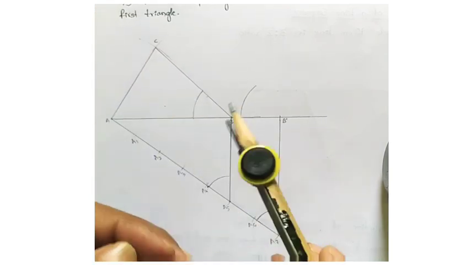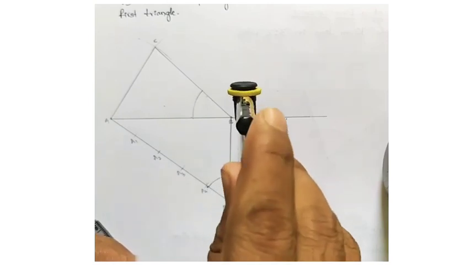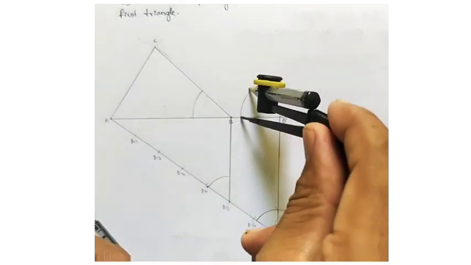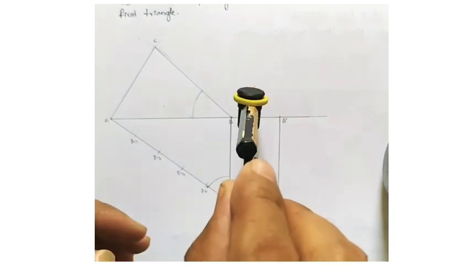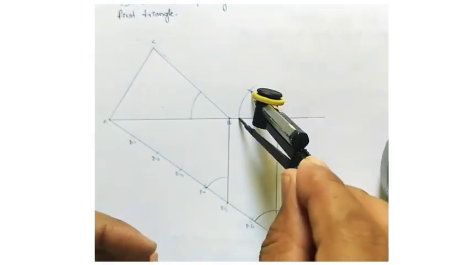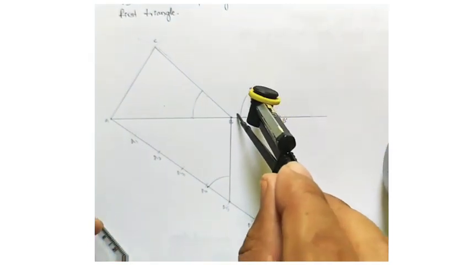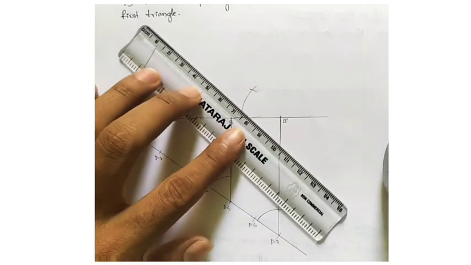Okay, now cut that second arc with the measurement. Okay, so like this you have to cut it. Here you will get the intersecting point.